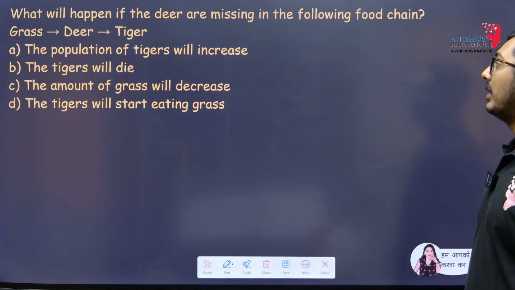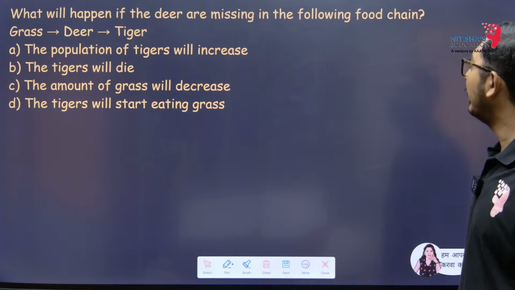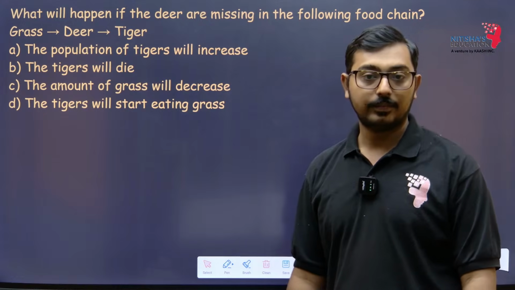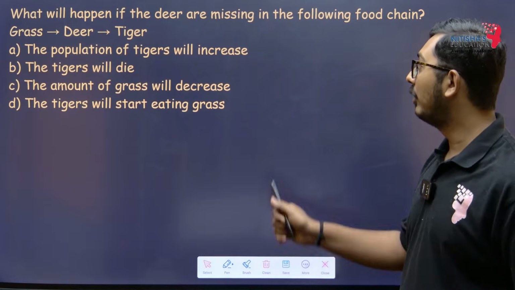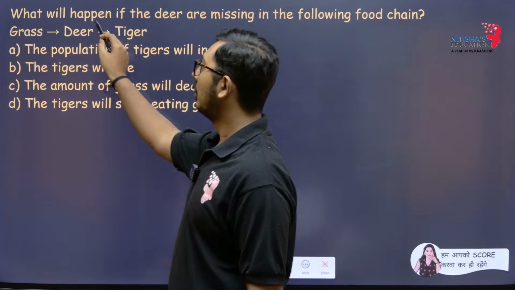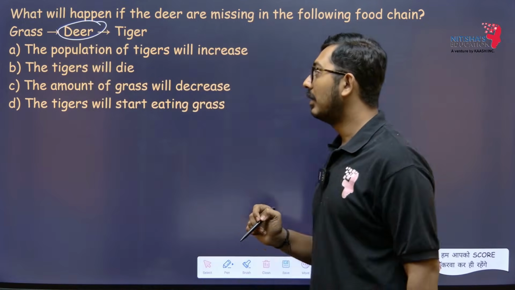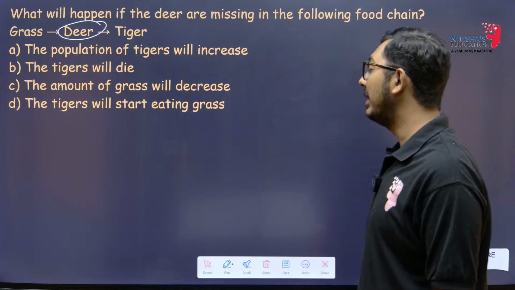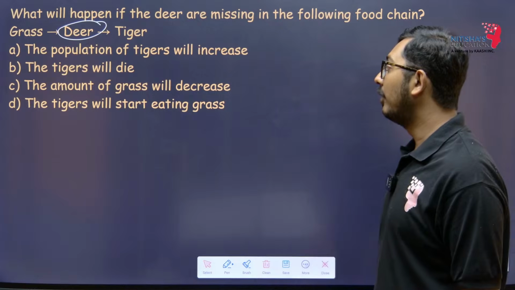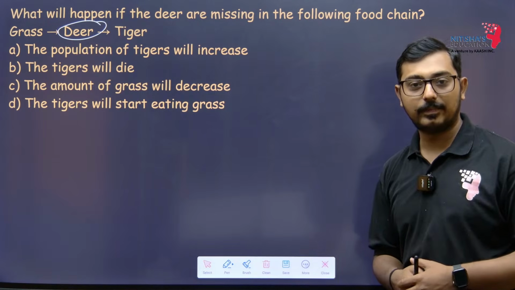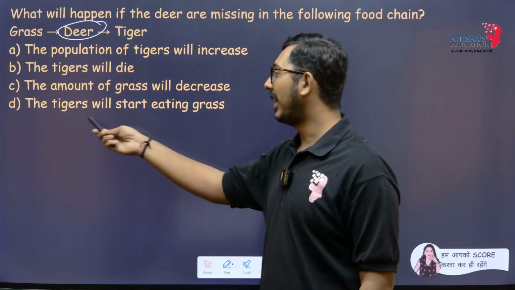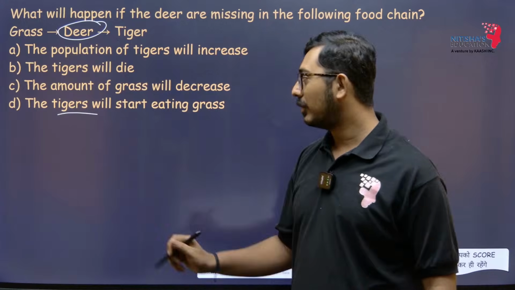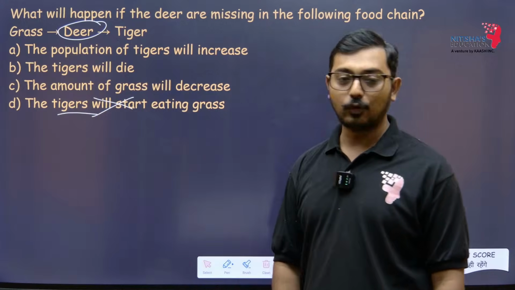What will happen if the deer are missing in the following food chain? In this food chain, if deer is missing, what will happen? The population of the tigers will increase, the tiger will die, the amount of grass will decrease, the tiger will start eating grasses. Now the nature of the tiger would not change, obviously, so this won't be the answer.